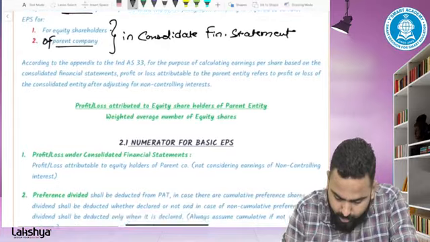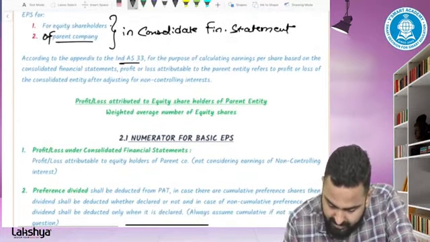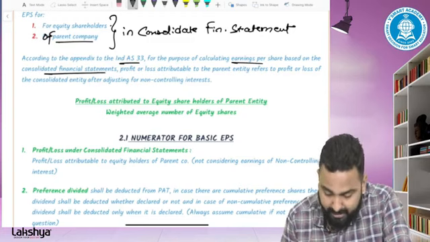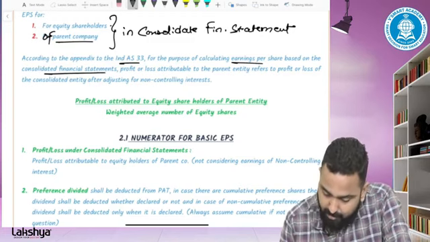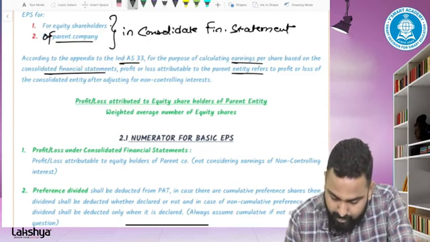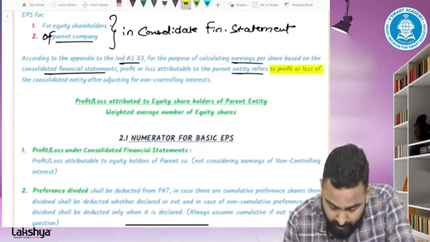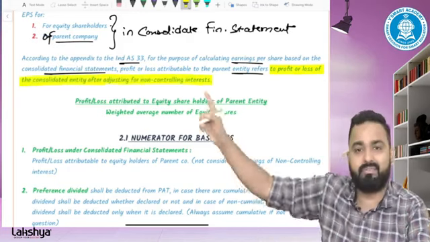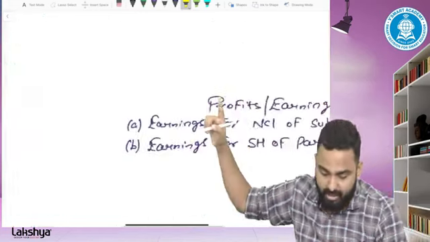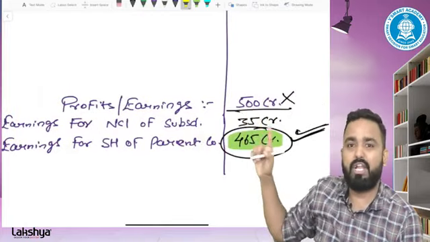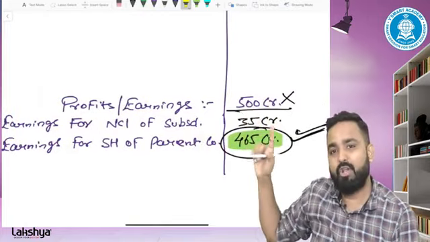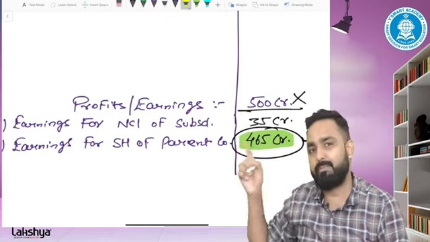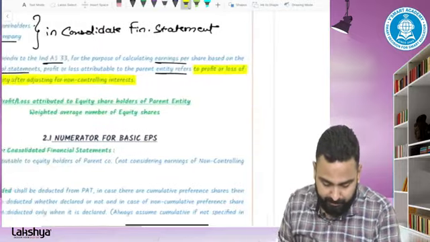According to the appendix to Ind AS 33, for the purpose of calculating earnings per share based on the consolidated financial statement, profit or loss attributable to parent entity refers to profit or loss of consolidated equity after adjusting for non-controlling interest. That means out of the total profit, first of all deduct profit belonging to NCI, and then whatever profit remains, you can take for the purpose of calculating earnings per share.